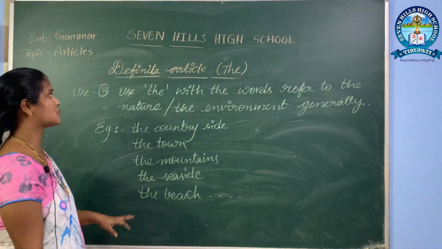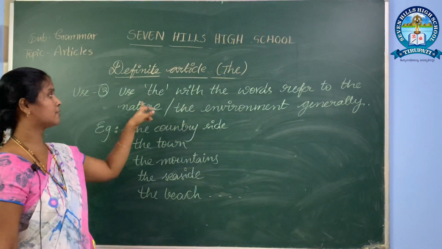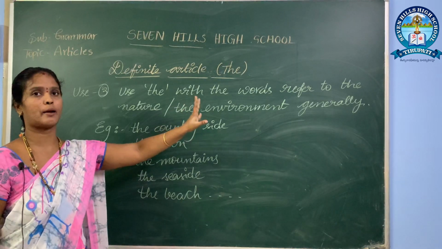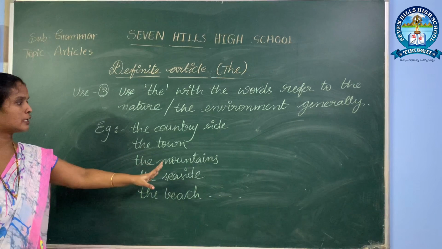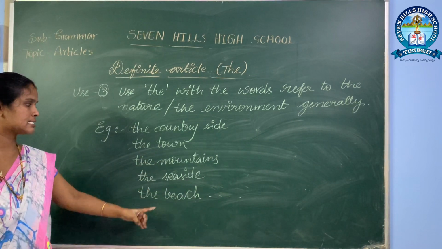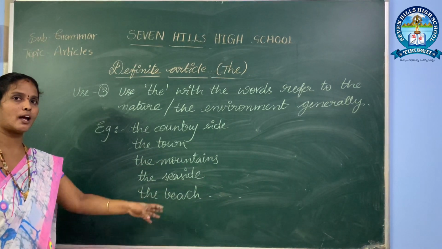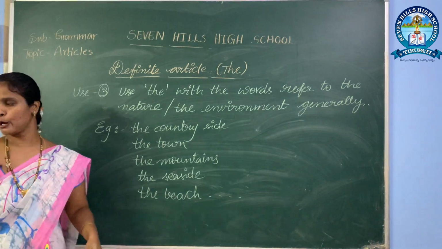We can use the with the words that refer to the nature or the environment generally. For example, the countryside, the town, the mountains, the seaside, the beach, the weather, and so on we can use.